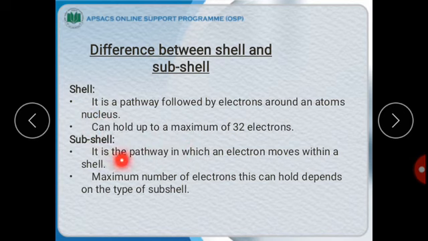Subshell: it is a pathway in which an electron moves within a shell. The maximum number of electrons it can hold depends on the type of subshell. So what are subshells? Remember? Yes, S, P, D, F. These are subshells.